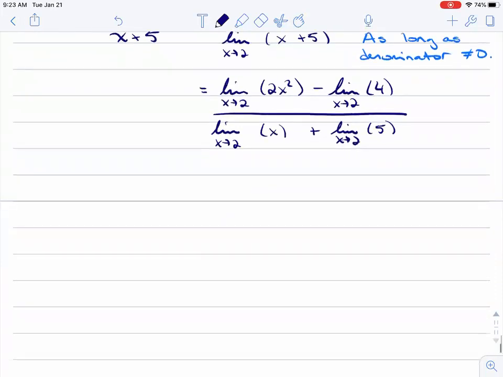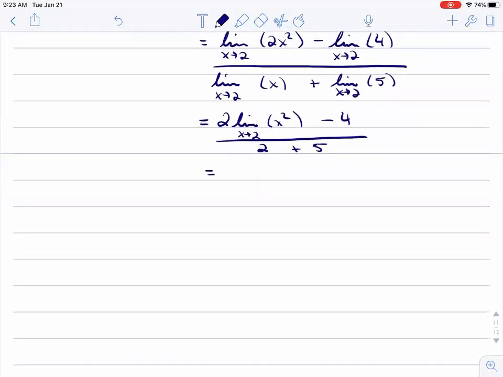And so I'm going to rewrite. I can bring that 2 from the 2x squared out front. And so I've got 2 times the limit as x approaches 2 of x squared. But then I'm going to replace the limit of 4 by just 4 divided by the limit of x as x approaches 2, which is 2, plus 5. And so I get the limit as x approaches 2 of x squared.